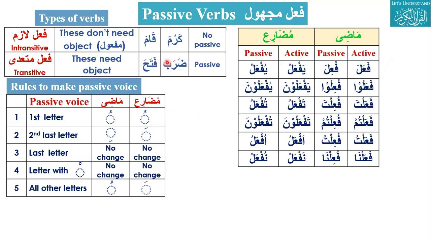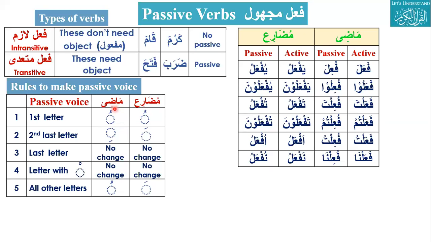These are all level 1 words. So we will take the example of fa'ala. Fa'ala is mazi and mudare is yaf'alu. So the rules are, first take the mazi form, fa'ala, how we will make it passive voice.